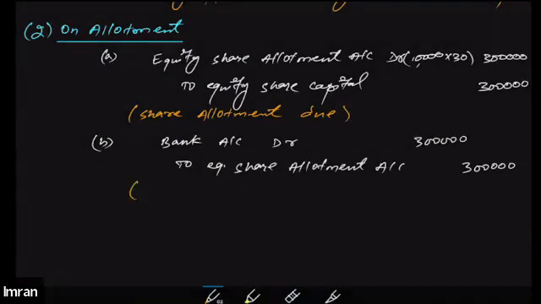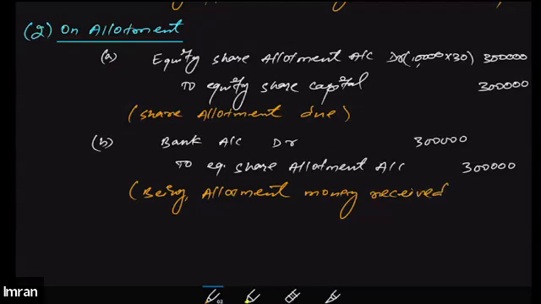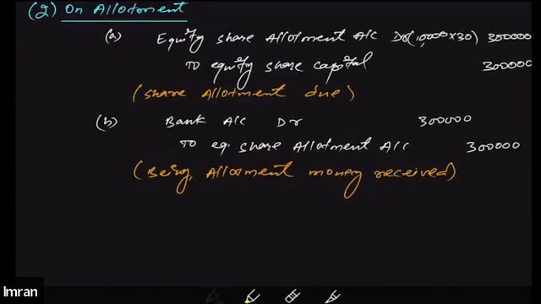The narration will be allotment money received. Done, everyone? Is it clear? Yes or no? Okay. Now we will pass one more journal entry on first call.